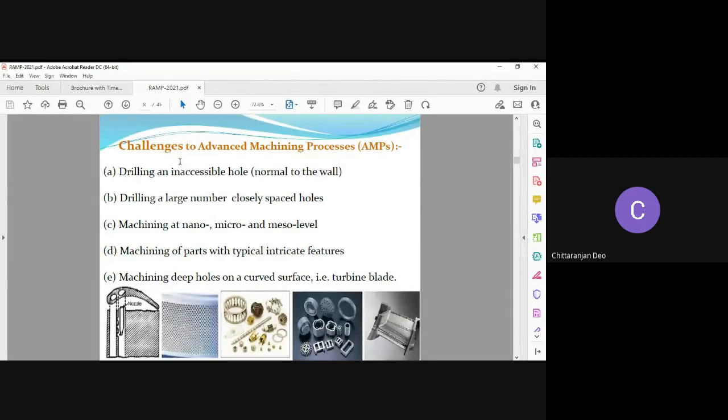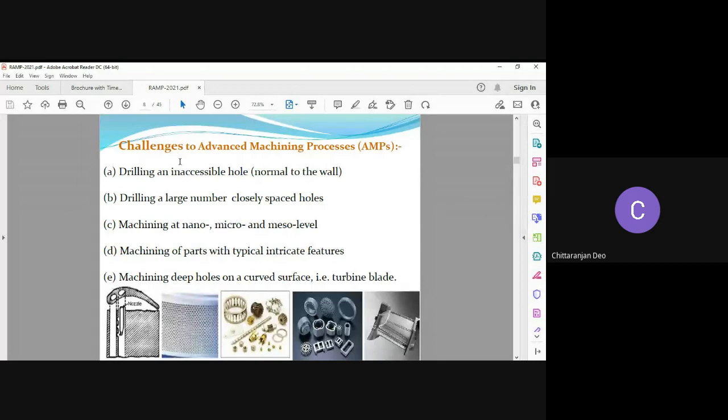So the challenges that are to be overcome by advanced manufacturing processes can be overcome by using hybrid machining processes.